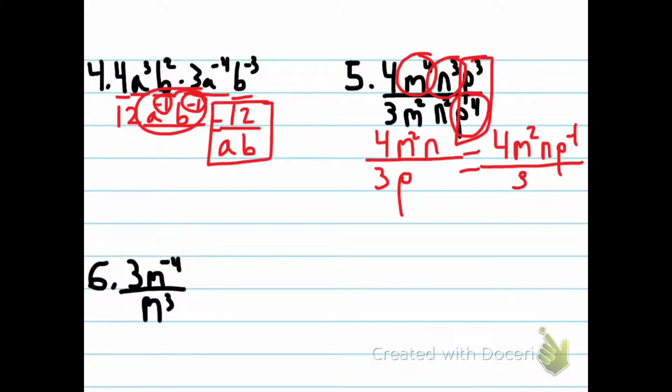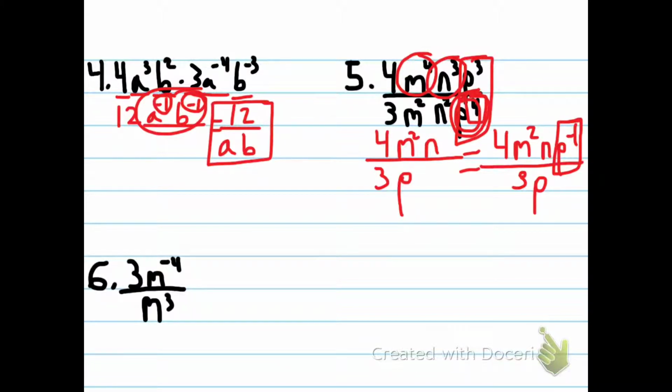And then if you did it this way right here, then what you would have to do is just put this on the other side to make the negative exponent positive. But if you also wanted to, you could have thought of it like, since this has more p's, you could have just already put this p on this side right here. You could do it either way.